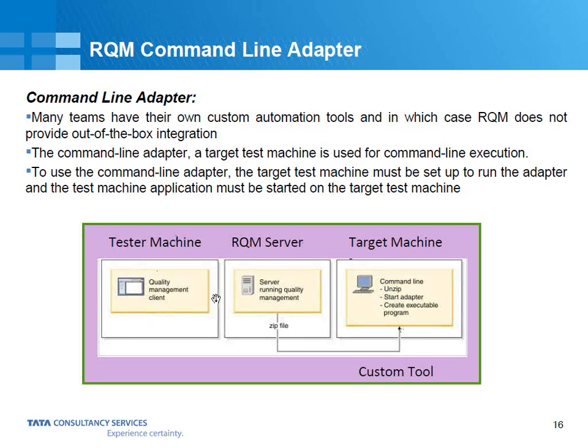How it works is, you have your tester machine. From the tester machine, you pass your set of commands to your target machine, and the target machine has the custom tool, provided your custom tool supports a command line interface. I'll give a simple example. If you take the IBM RFT tool, you can execute your scripts using the playback option provided in the Eclipse window.